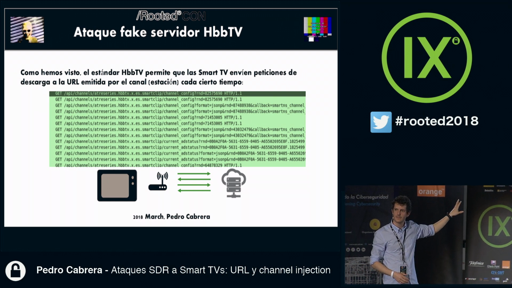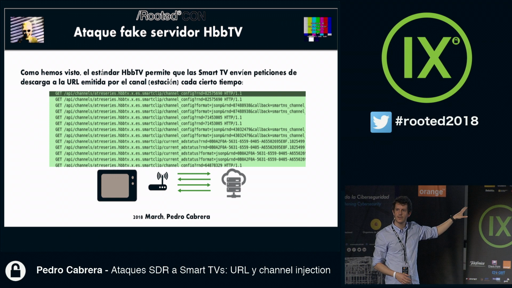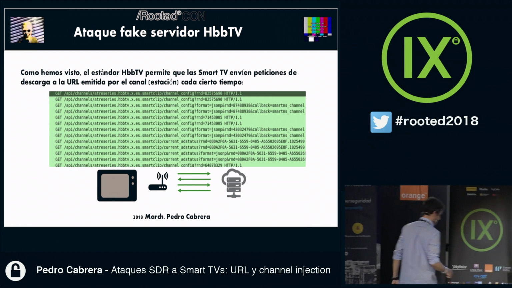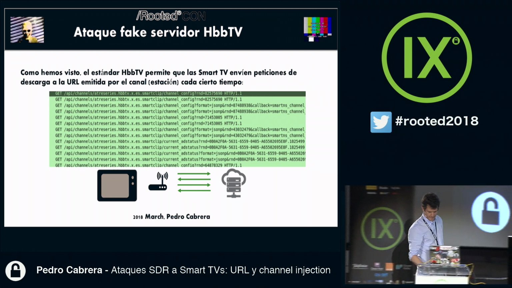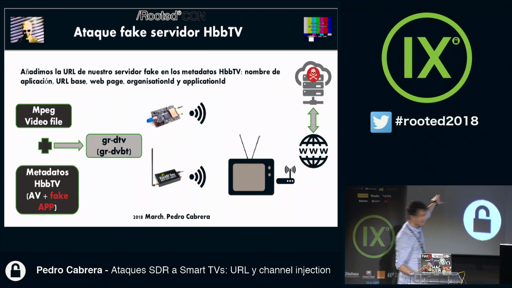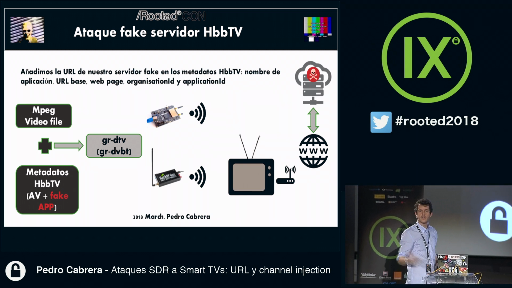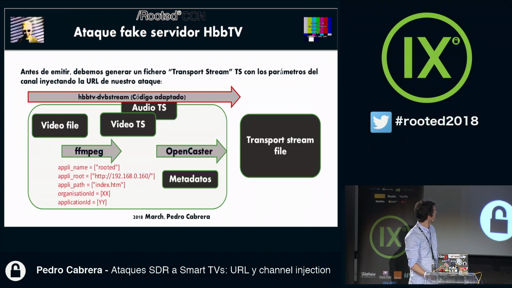And here comes the best. So far we've seen how the video was broadcasted, but in that signal we're actually sending our own URL, so we can send the video and the URL. The only thing that's going to change is that in the metadata, besides having to include the identifiers that we've mentioned before, we have an open field, which is the URL.